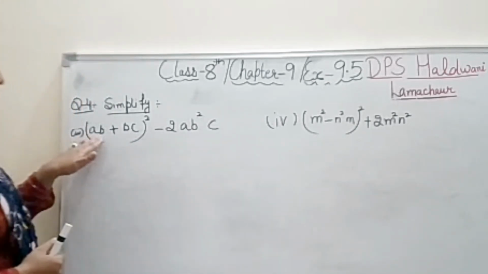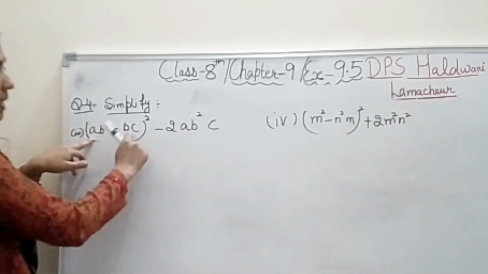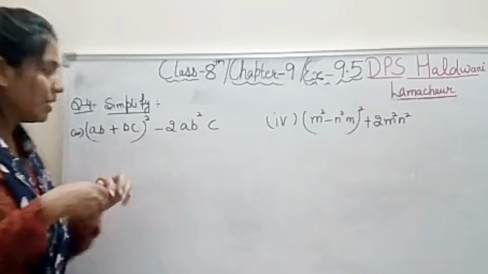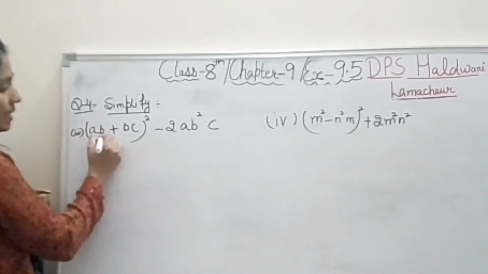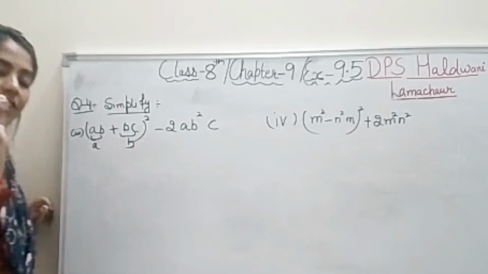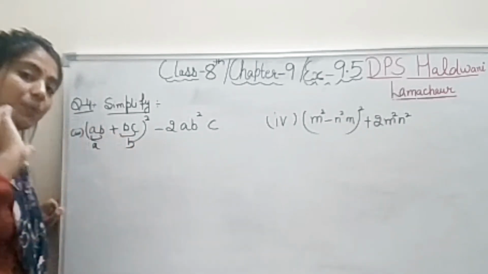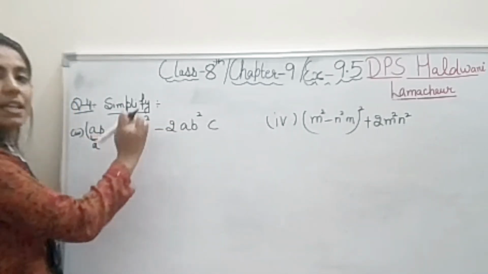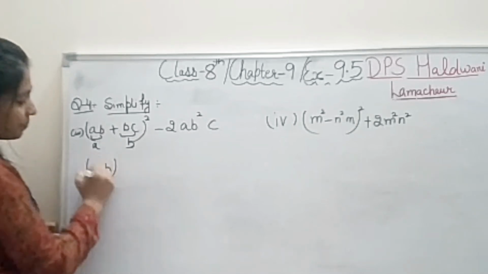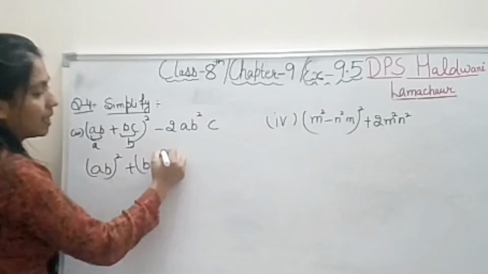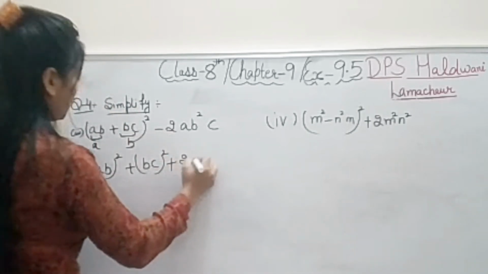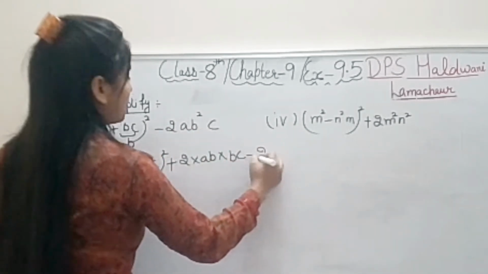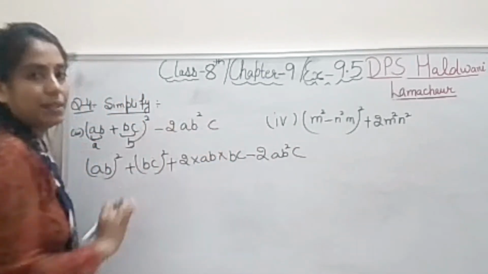Right? ab plus bc, this is a plus b ka whole square, and there is no identity we have to put on this, because this is a single term only, right? So this is a plus b ka whole square, and this is a term and this is b term. First of all, you just write down this thing, so afterwards it will be very easy to use in the formula. A plus b ka whole square, formula is a square plus b square plus 2ab, and this term as it is only, minus 2ab square c, because it's a single term only, right?